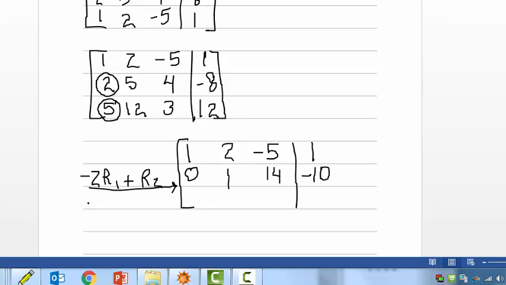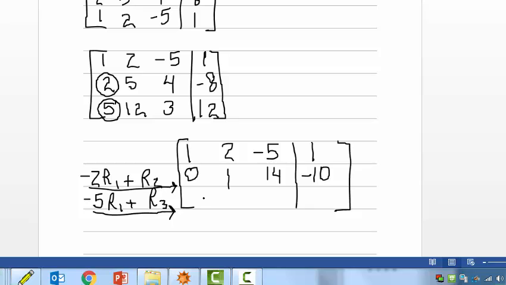And now I'm going to multiply -5 times row 1 and add that to row 3 to get my new row 3. So notice what I'm doing. I'm getting my zeros in column 1 first, then I'm going to get my zeros in column 2, then column 3, and then I'll worry about getting the 1s. Now I have some 1s that have showed up here, but those aren't necessarily going to stick around.